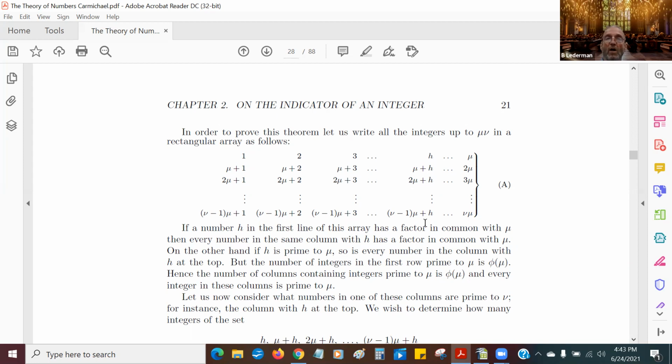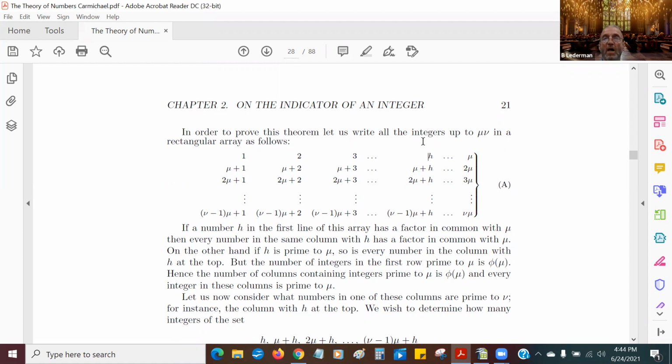On the flip side, if h is relatively prime to mu, meaning there is no common factor, then all of the numbers in this column are also going to be relatively prime to mu. So basically, these columns, it's all or nothing at all. Either the entire column is relatively prime to mu, or the entire column is not relatively prime to mu.